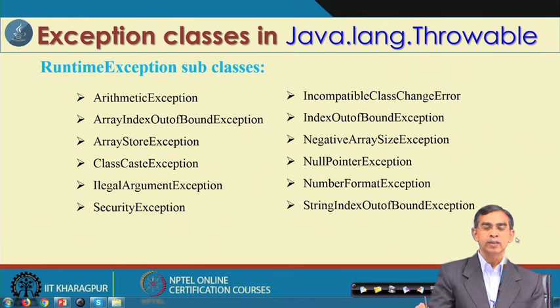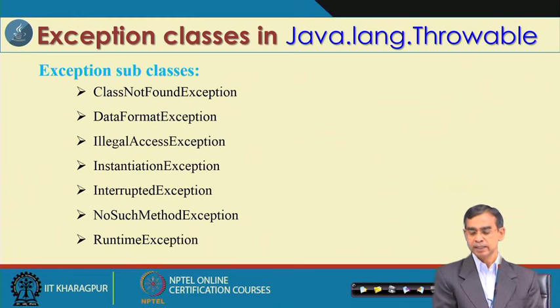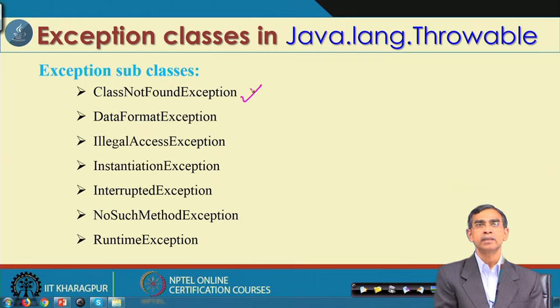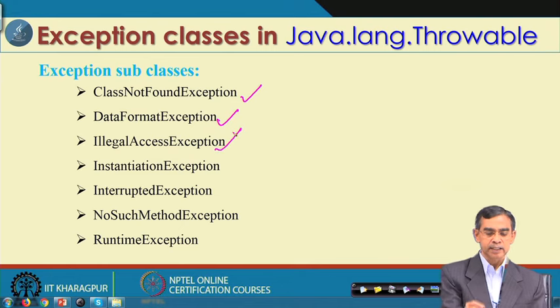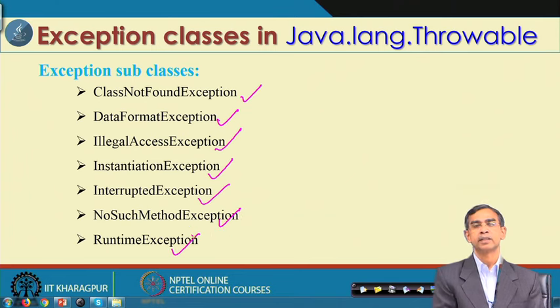Now, there is also another class, the Exception subclass. In this Exception subclass there are a few more exceptions that it may handle: ClassNotFoundException, DataFormatException, IllegalAccessException, InstantiationException, InterruptedException, NoSuchMethodException, and RuntimeException.